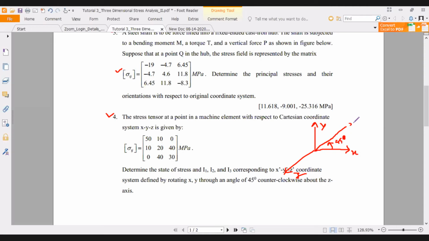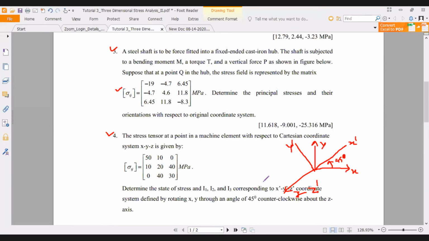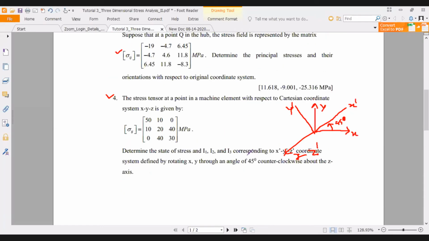So this is your new x dash, this is your new y dash, and z dash coincides with z. So this is the orientation. Let me show. Okay, here it is represented. This is x, x dash, y dash, and z and z dash are the same.